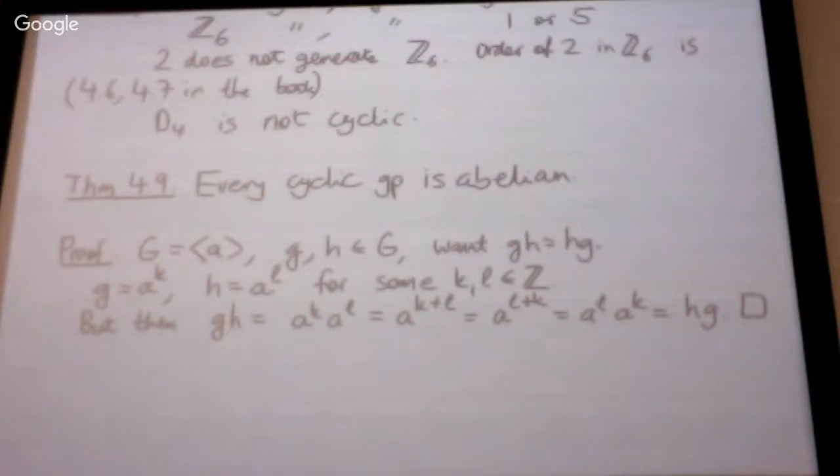So, last theorem, and let's try to get the proof. This theorem says that every subgroup of a cyclic group is cyclic as well.